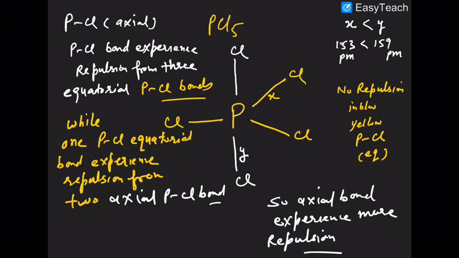Since axial bonds experience more repulsion, in order to minimize that repulsion, the axial bond length becomes slightly elongated. I am repeating once more. To minimize the repulsion offered by the equatorial bonds, the PCl axial bonds become elongated, and they will take a greater bond length in comparison to equatorial bond length.